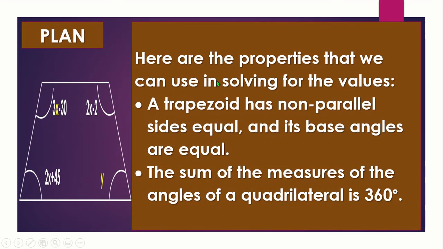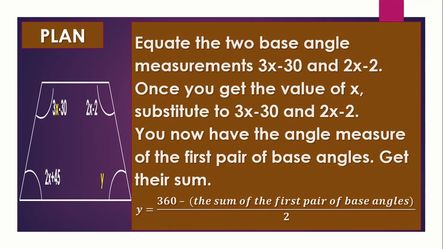What's the plan? Here are the properties that can be used in solving for the value. A trapezoid has non-parallel sides equal, and its base angles are also equal. The sum of the measures of the angles of a quadrilateral is 360 degrees. Equate the two base angles, 3x minus 30 and 2x minus 2.